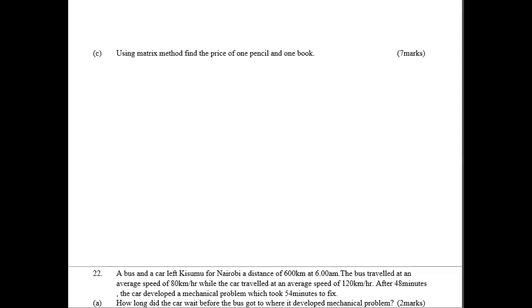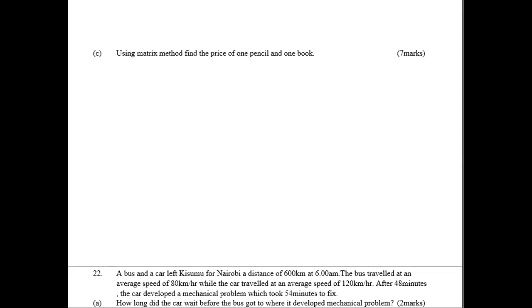Definitely, because of its high speed, the car will be ahead of the bus. That's why they're asking us, how long did the car have to wait for the bus to get there? We shall get the two distances and then we subtract.